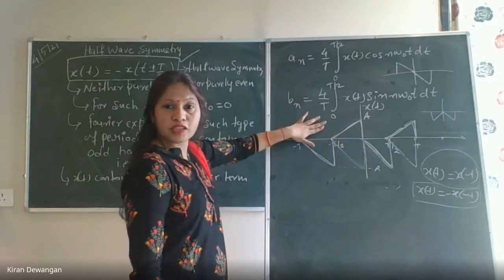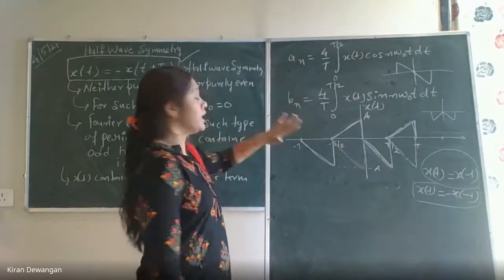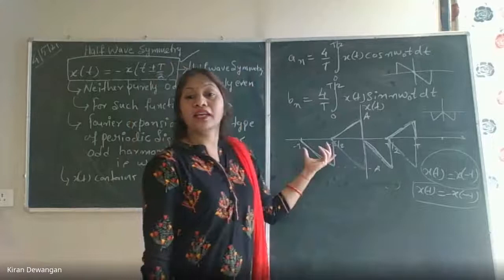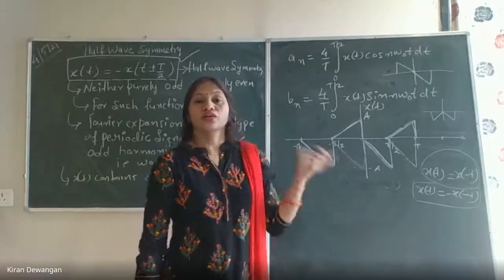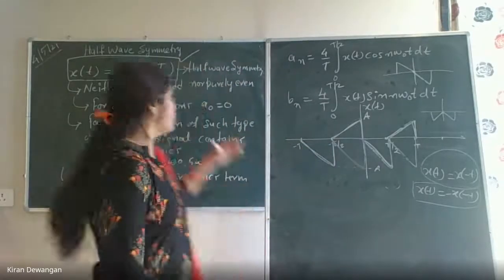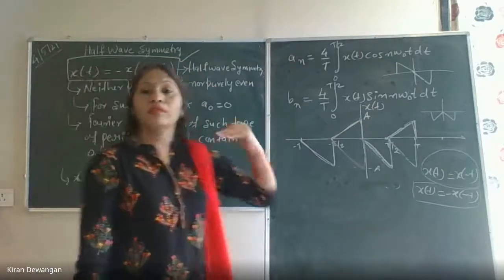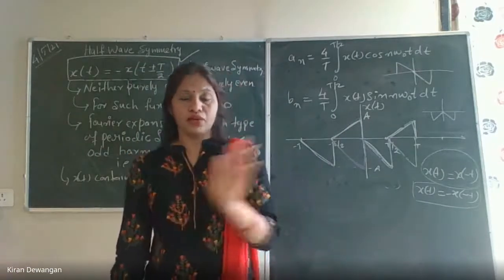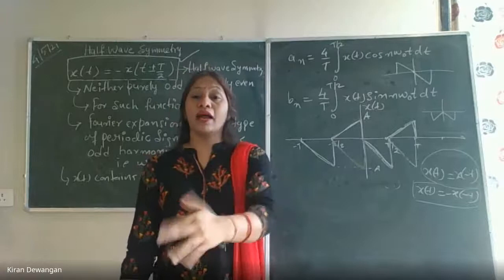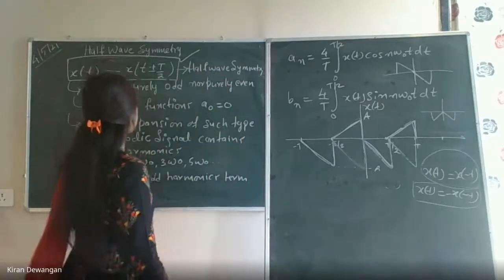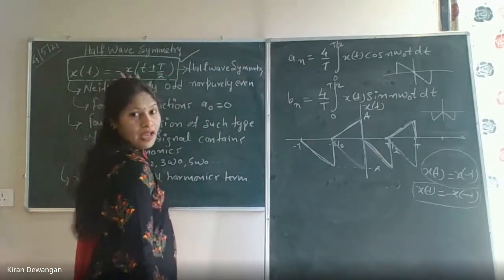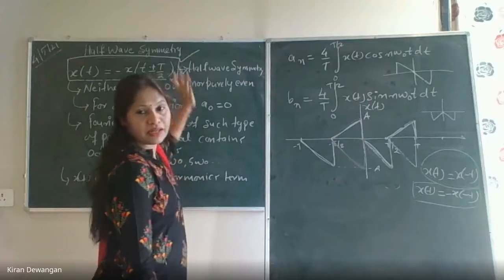Now is this part clear? How we can identify the half wave symmetry? ठीक है? So we need to understand कि what is the condition that if I am taking x of t plus t by 2 or t minus t by 2, it will be minus of x of t. मतलब x of t will be equal to minus of x of t plus t by 2 or x of t minus t by 2.